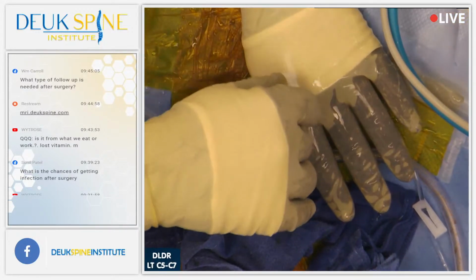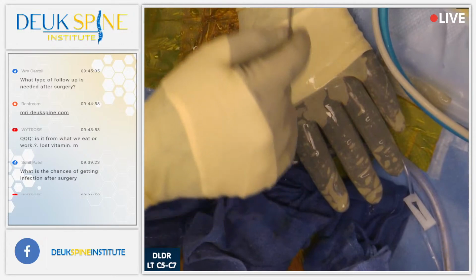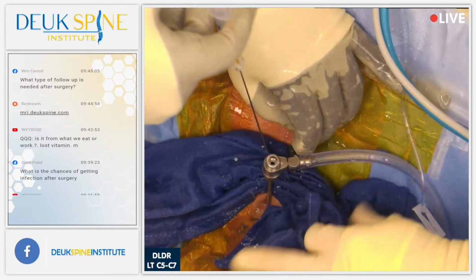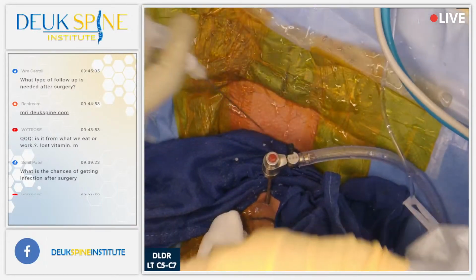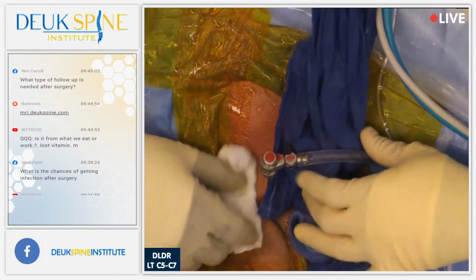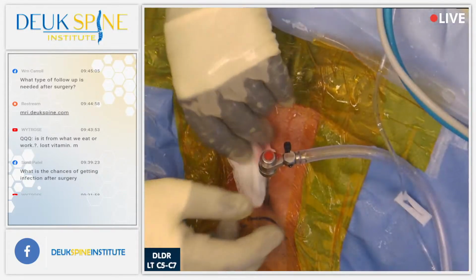And unfortunately, I know the Koreans, for example, that I learned the approach and the endoscopic technique from, they keep the patients awake, and the patients are squirming around on the operating table while they're trying to do the surgery.